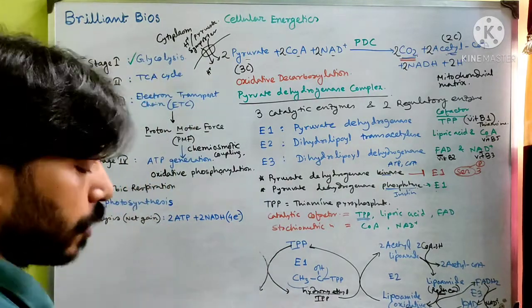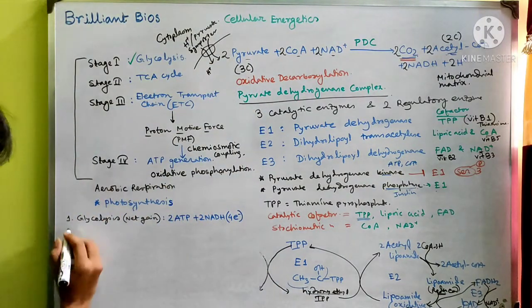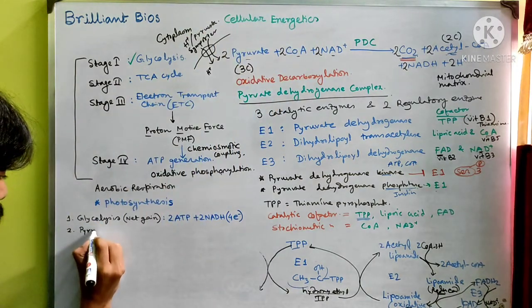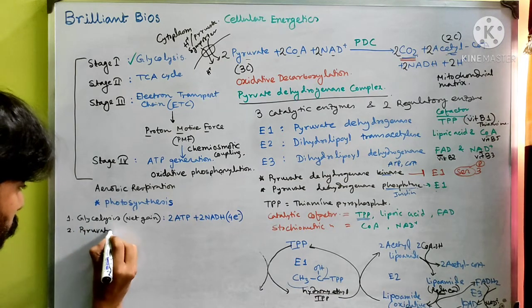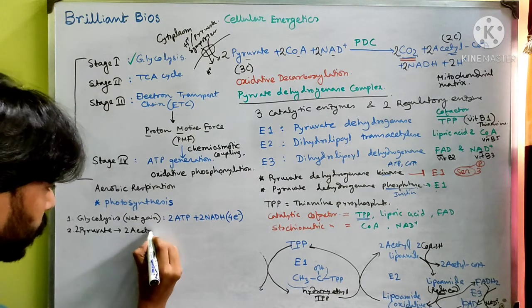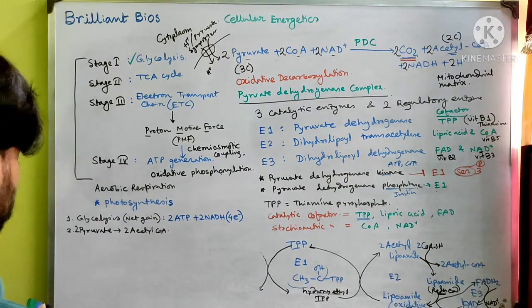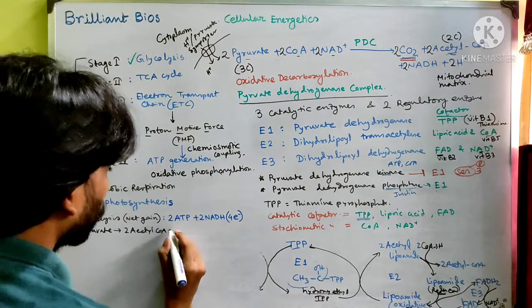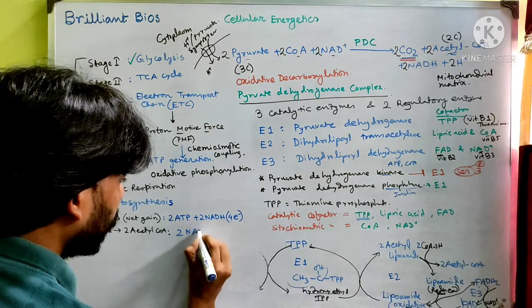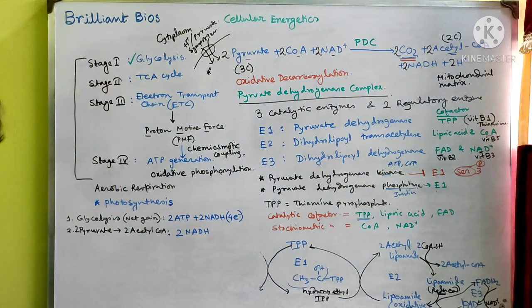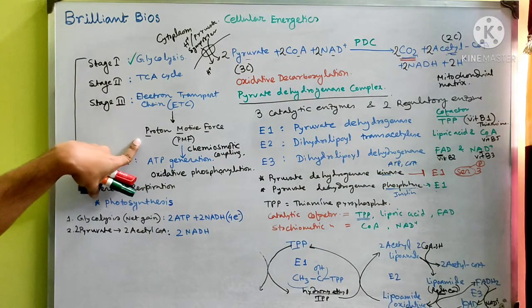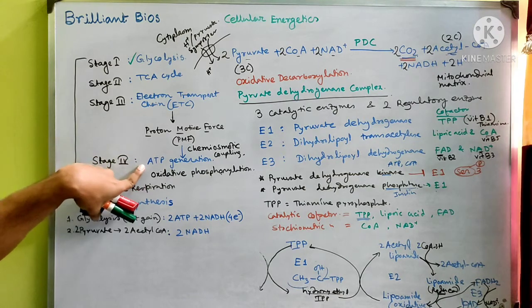So the main moral of this reaction I will tell you here. The second part of this cellular energetics is the conversion of pyruvate into 2 acetyl-CoA, and we get 2 NADH, electron carriers that help in the electron transport chain reaction and generate proton motive force, which indirectly helps in ATP generation.